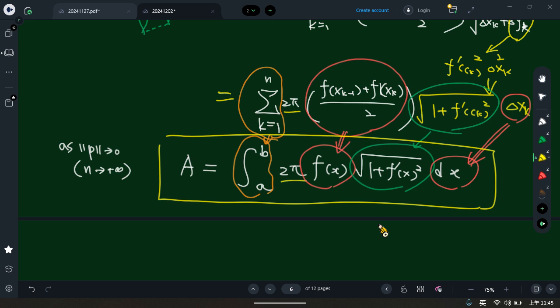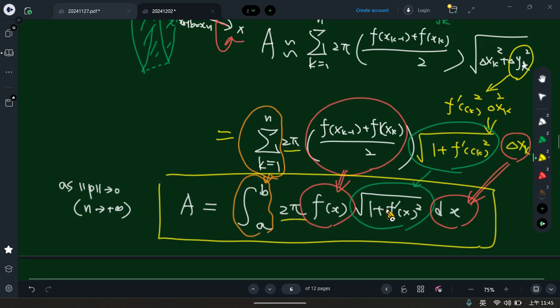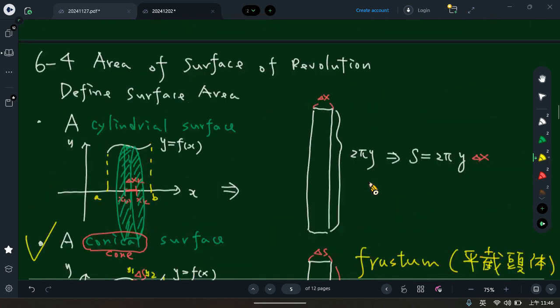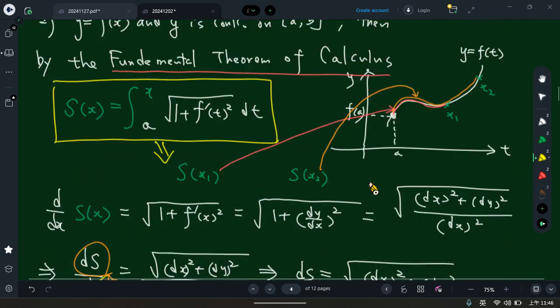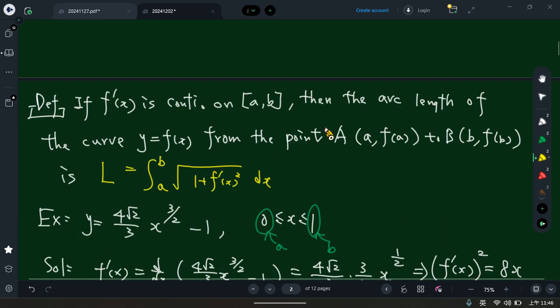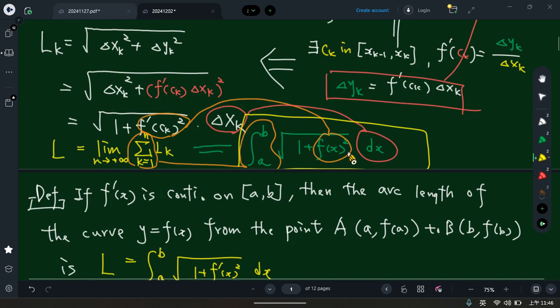So you can see there is a little difference for the area of the surface of revolution. You can see this formula is just like this, but if we want to calculate the arc length, it will be this one.